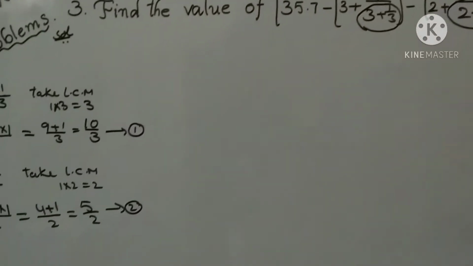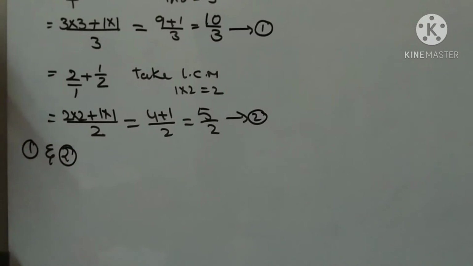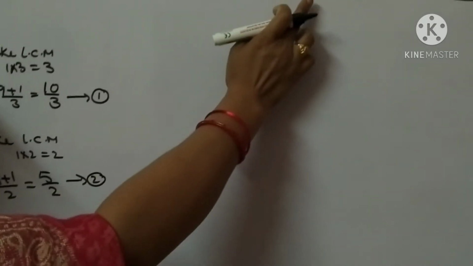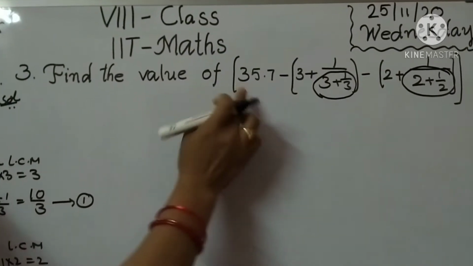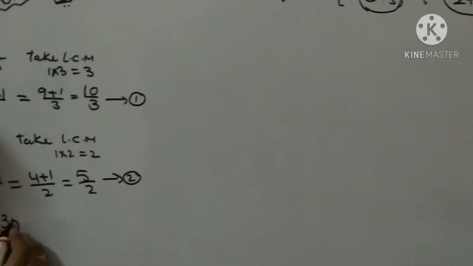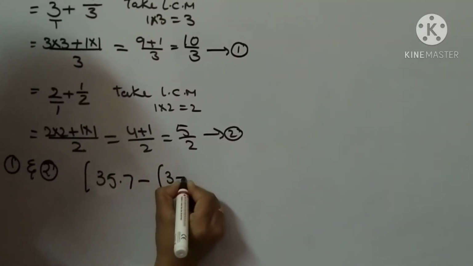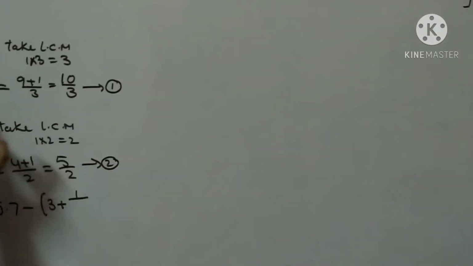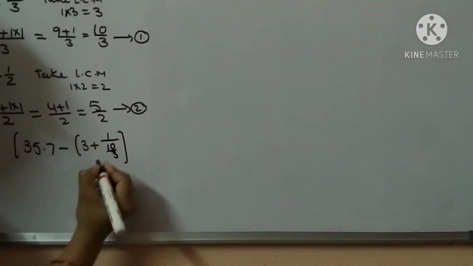Okay. So here are equations 1 and 2. Substitute equations 1 and 2 according to the problem. So what is given in the problem? 35.7 minus 3 plus 1 by, what is the value of 3 plus 1 by 3? 10 by 3.